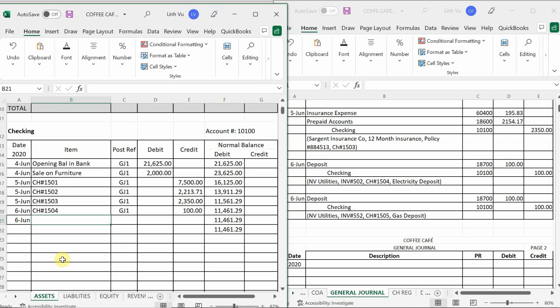Since I'm already on my checking account, we wrote another check, still on general journal, and we decided to write another check for $100. So therefore, you should get a decreasing amount of $11,361.29 because we spent another $100.